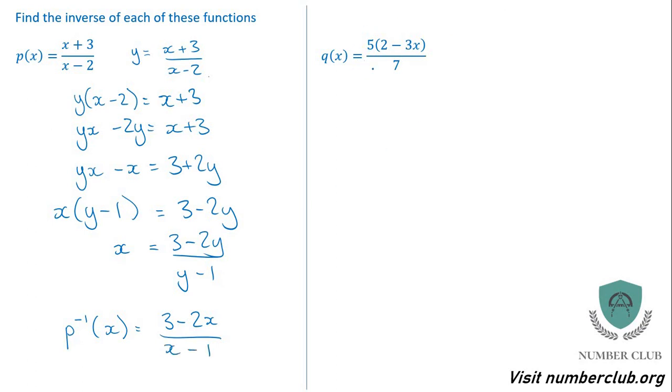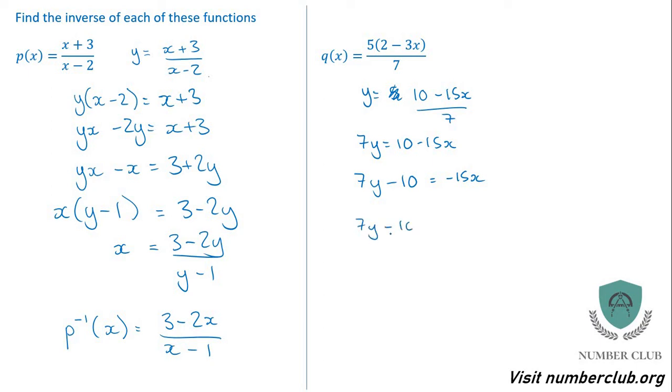Alright, and similarly with this sort of job here, we've got y equals, actually this is a little bit of an easier question. I'm going to expand straight away because why not? 10 minus 15x all over 7. 7y equals 10 minus 15x. 7y minus 10 equals negative 15x. Dividing through by negative 15, we'll end up with 7y minus 10 all over negative 15 is equal to x. When you're dividing by this thing, we can change all of the signs in this fraction here.